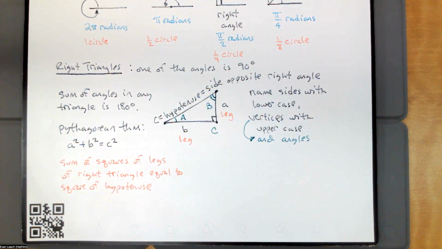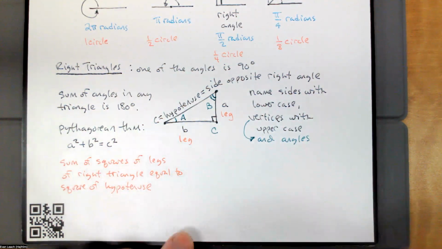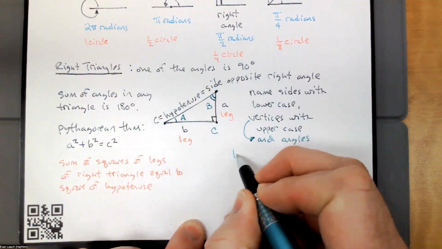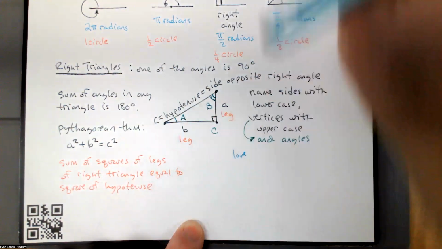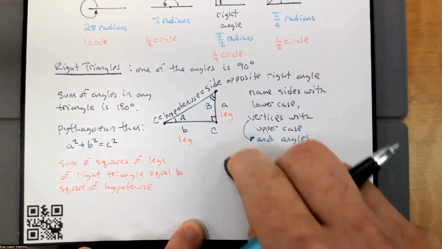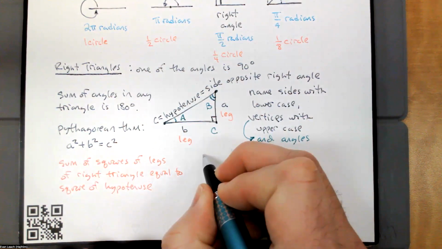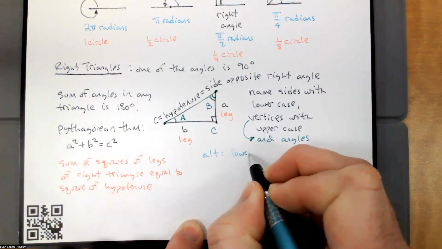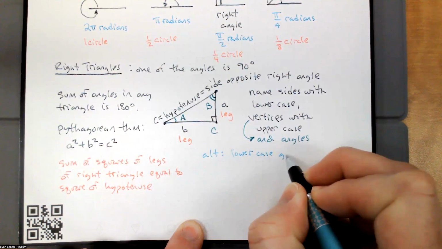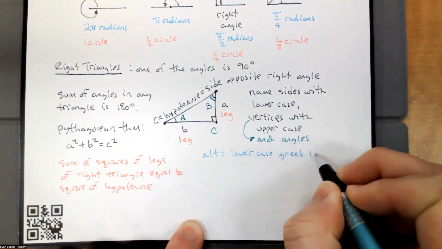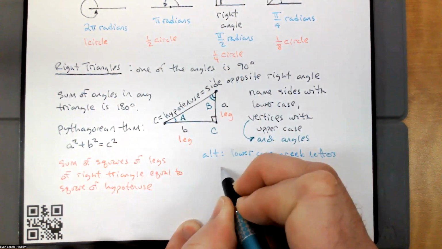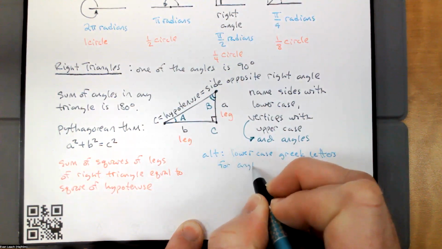So one of the things that we like to do is instead of using uppercase letters versus lowercase letters, we switch to lowercase Greek letters for the angles. It also looks fancier. So alternate: lowercase Greek letters for angles.